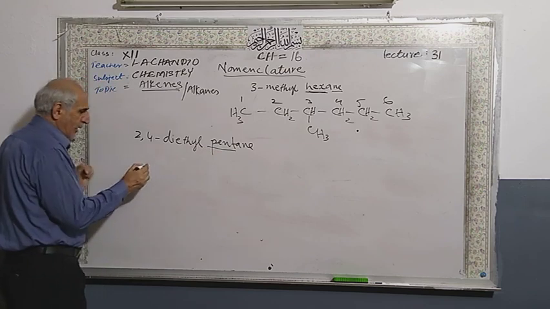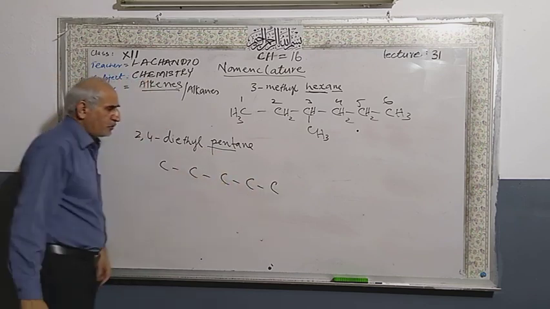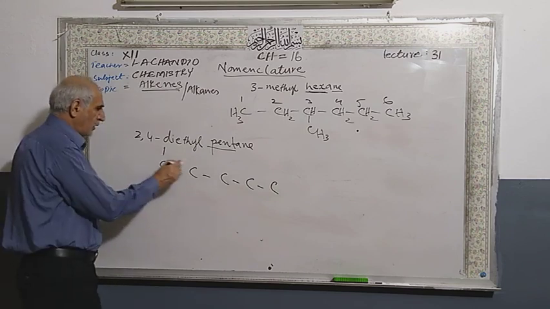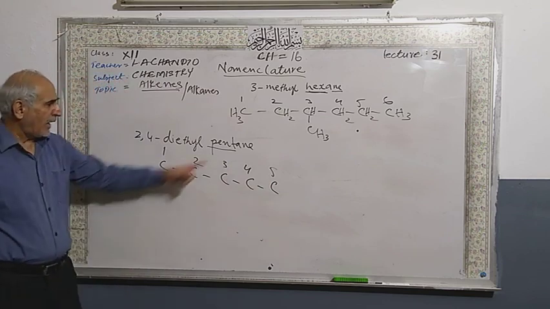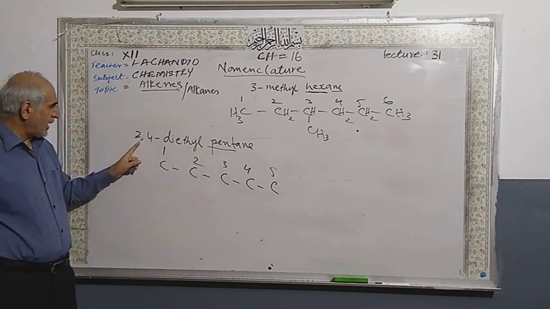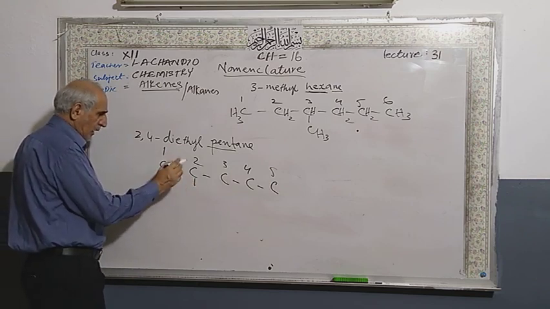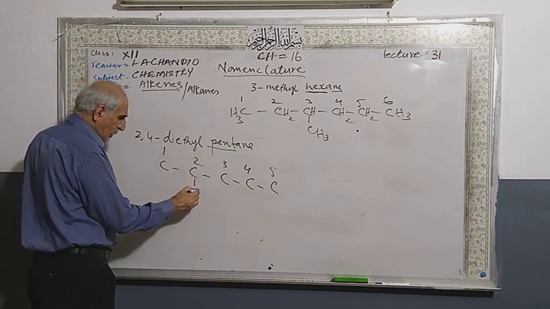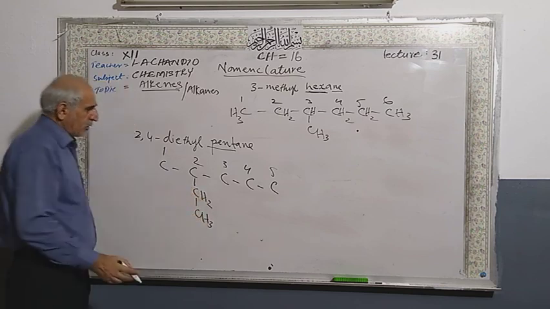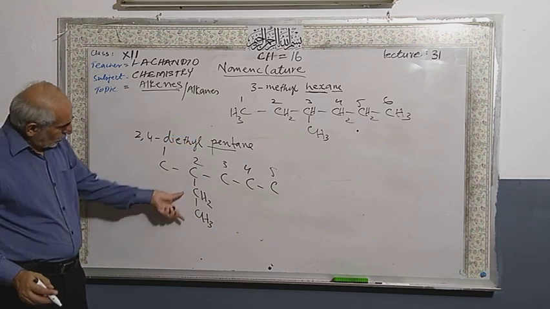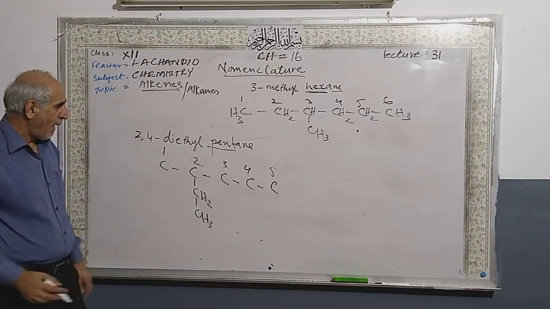Pent means 5 carbon atoms. 1, 2, 3, 4, 5. 1, 2, 3, 4, 5. Okay. And single bond. He said 2,4-diethyl. On carbon number 2, there are two ethyl groups, two carbons each.